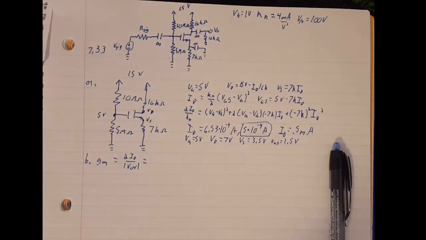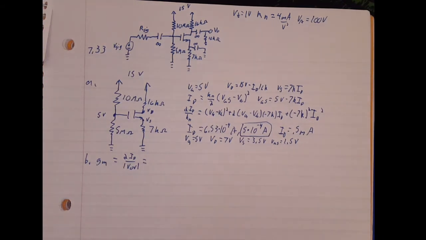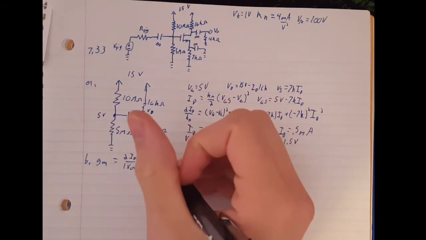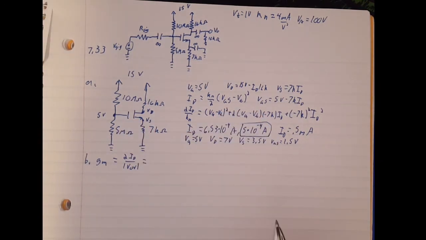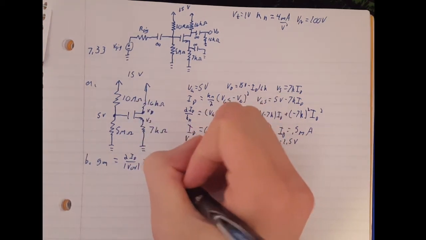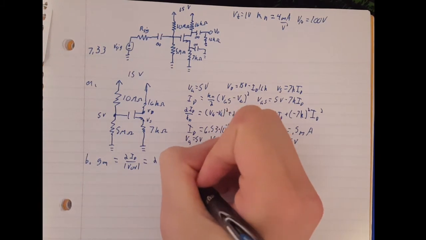And so that's equal to 2 times 0.5 times 10 to the third divided by V over, which is just 0.5. And that gives us two millisiemens.